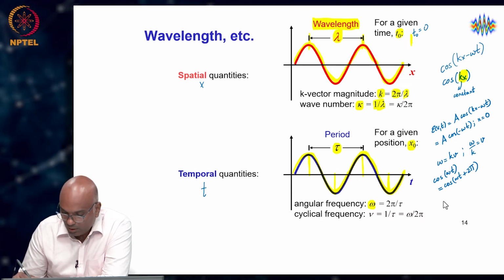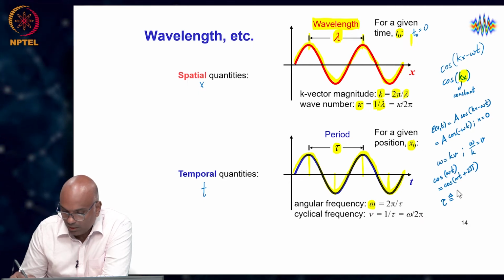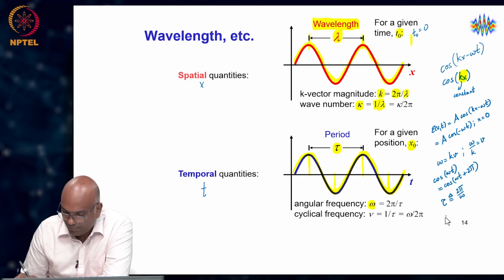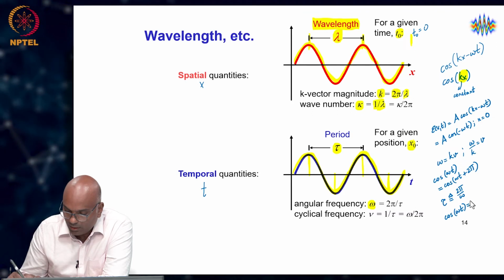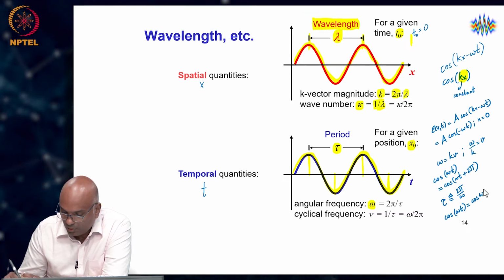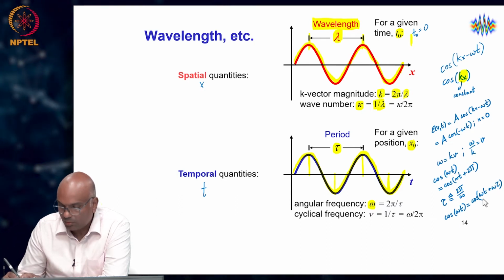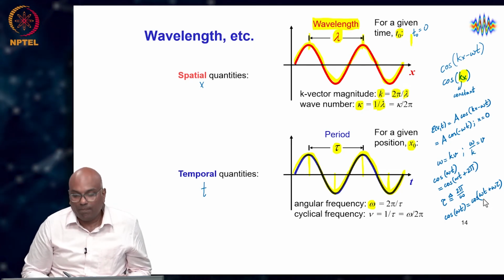Therefore, if I define tau to be 2 pi divided by omega, then I would have cosine of omega t is equal to cosine of omega t plus omega tau. So, that is the temporal periodicity of the wave.